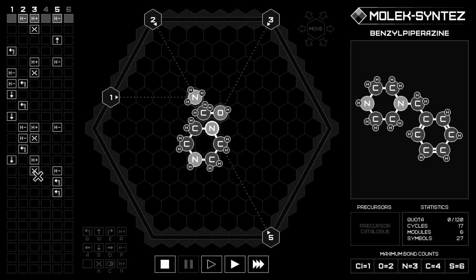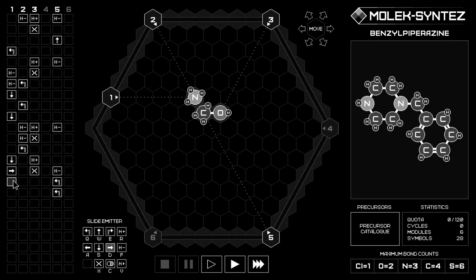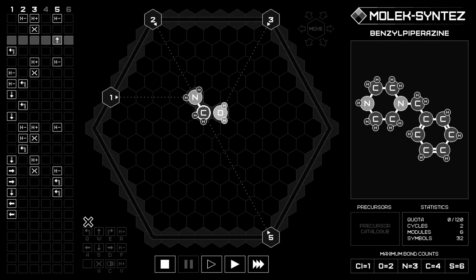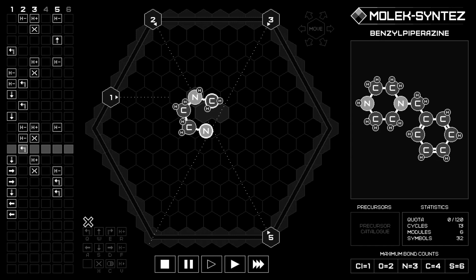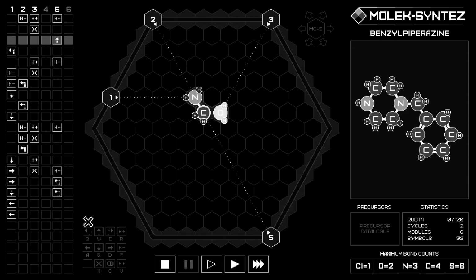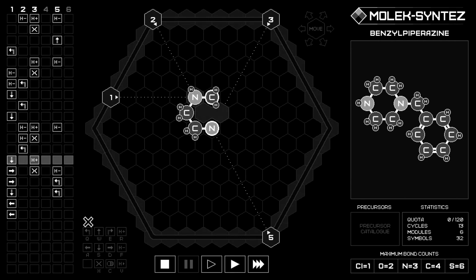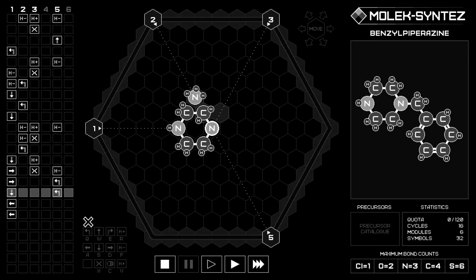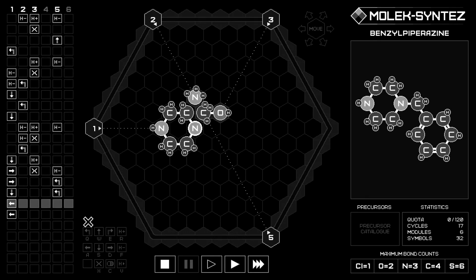And like for 1 to pull it? That didn't really work, did it? Well, it's fine. I can just pull this carbon into place, right?